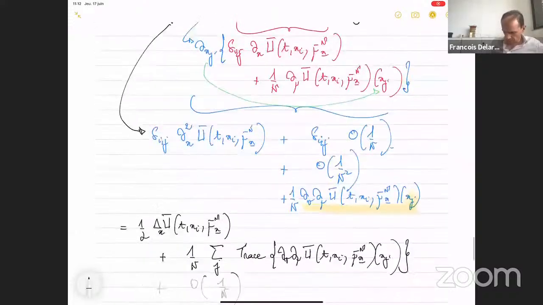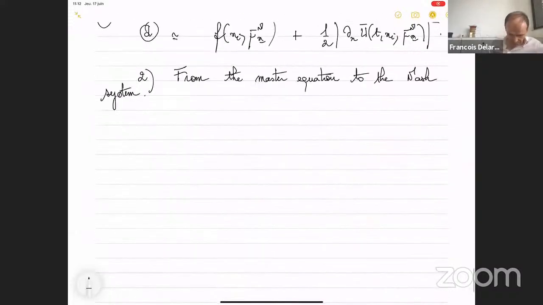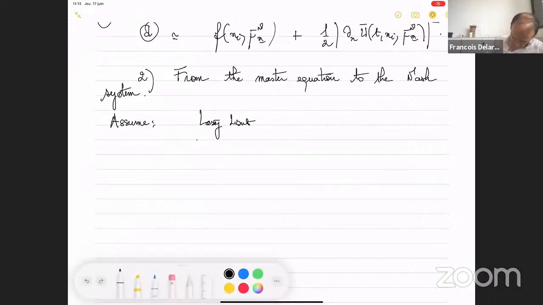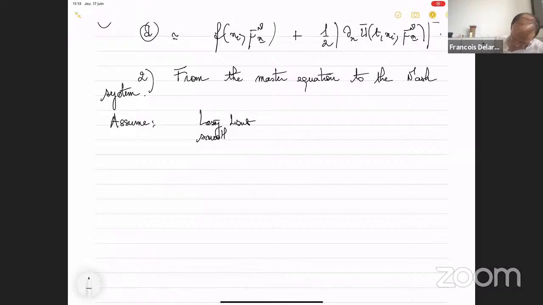So really, I assume that we have, as I did yesterday, Lasry and Lyons and smooth coefficients. So Lasry-Lyons monotonicity.